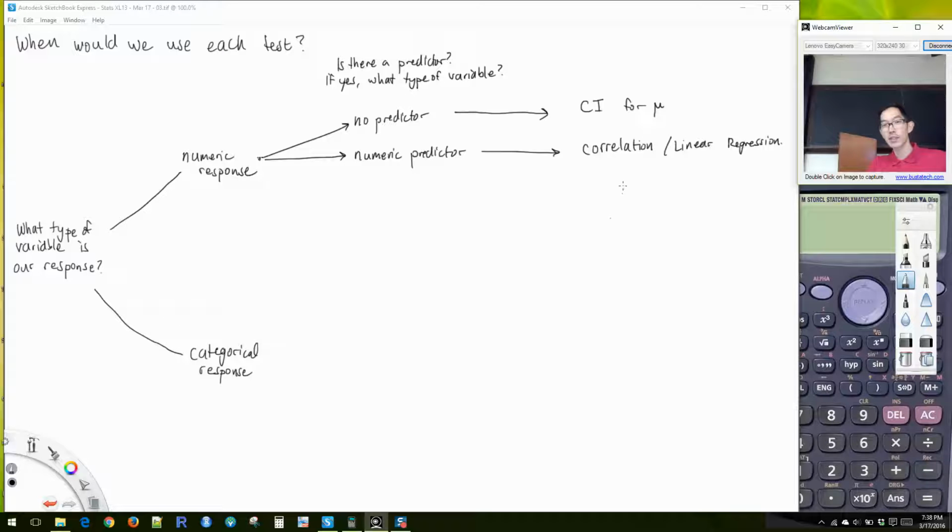Both are numeric, and we're looking for a relationship between them. That's going to be correlation.